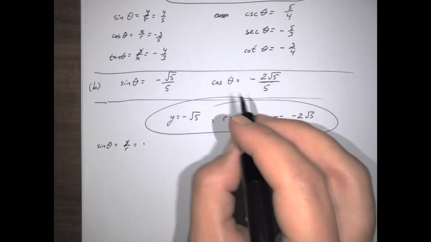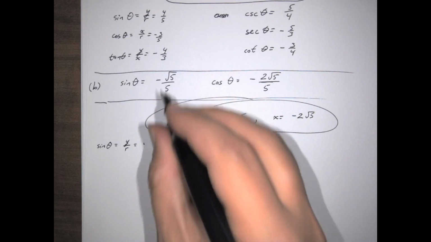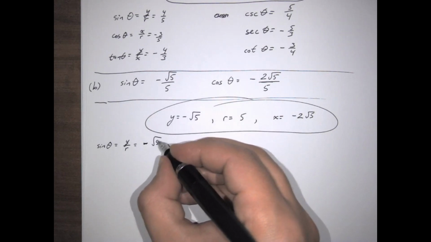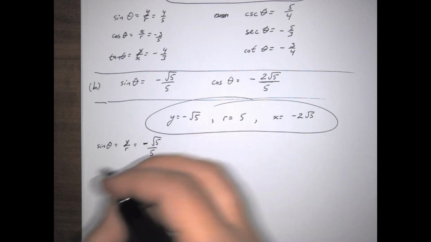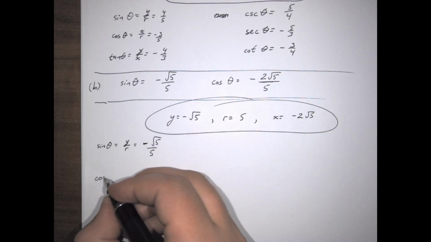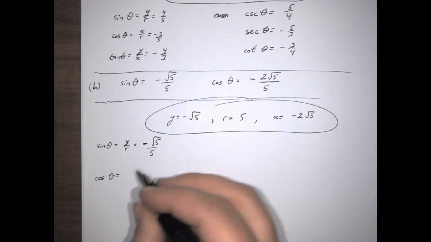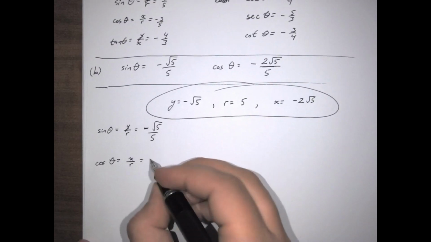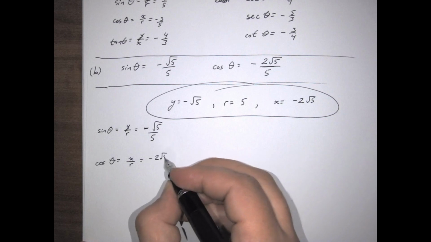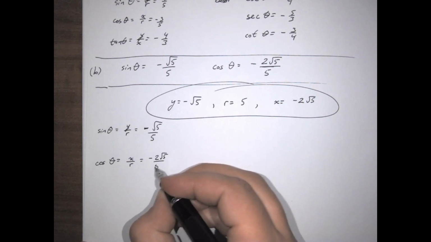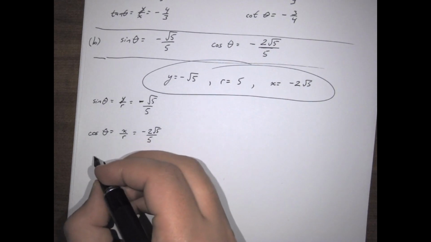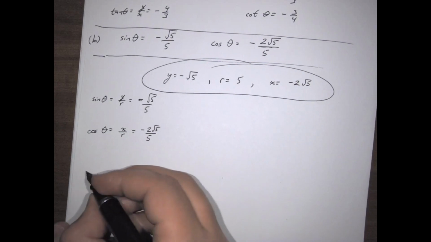The negatives should always go with the numerators, so then that's going to be equal to negative root 5 over 5. Cosine theta is equal to x over r, which will be negative 2 root 5 over 5. And again, that was told to us, but it never hurts to recapitulate the known before branching out into the unknown.